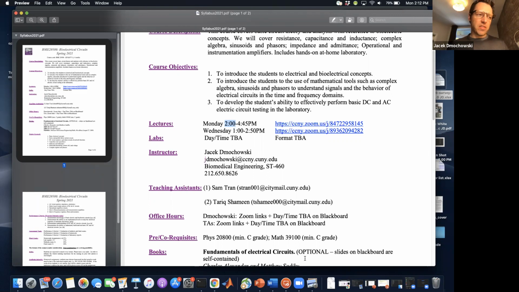The other thing to note is that the difficulty of labs is not high in this course. We're just trying to get you to learn how to measure a voltage, measure a current, connect resistors in series and in parallel, do a basic frequency sweep. Trust me, the lab component of the course is not the most challenging.